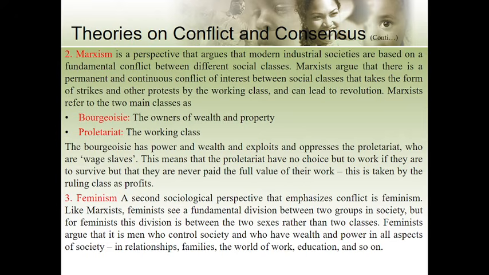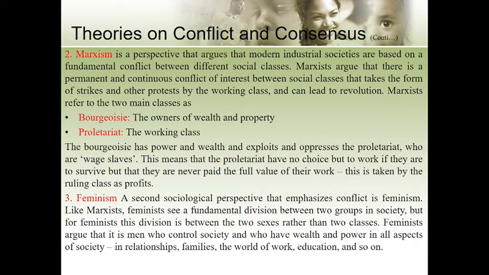The last theory we have in the conflict and consensus discussion of sociological perspectives is feminism. The second sociological perspective that emphasizes conflict is feminism. Like Marxism, feminists see a fundamental division between two groups in society.